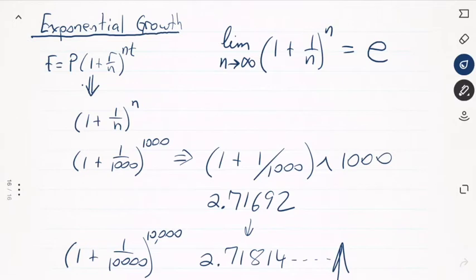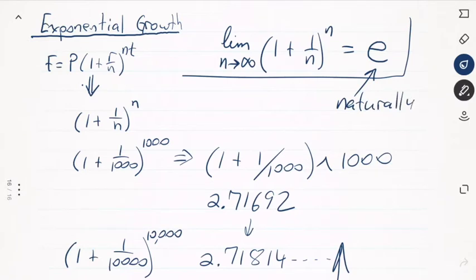Okay, so this is known as the natural number because it naturally shows up when we do exponential growth based on the compound interest formula for n getting really large. So this will be the limiting factor, the maximum amount of money you can make with what's called continuous compounding.